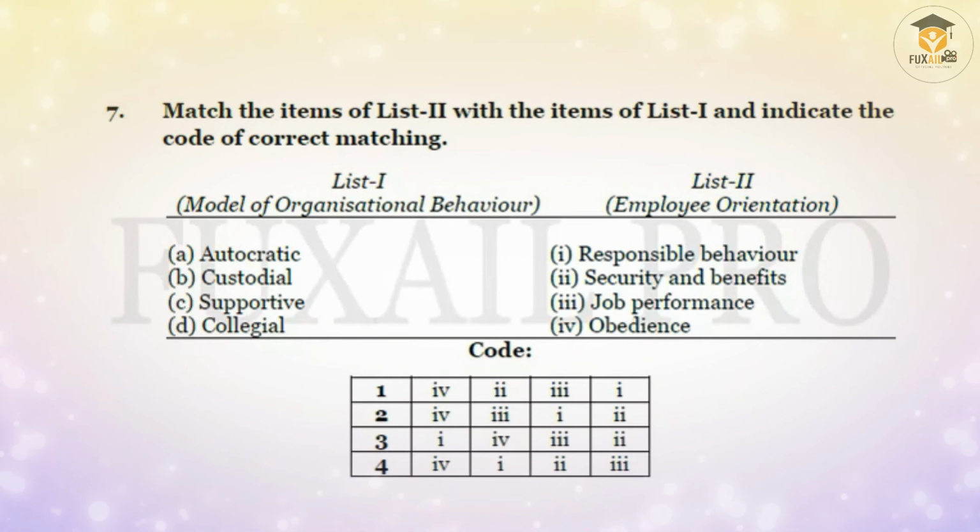7. Match the items of List 2 with the items of List 1 and indicate the code of correct matching. List 1, model of organizational behavior: A. Autocratic, B. Custodial, C. Supportive, D. Collegial. List 2, employee orientation: 1. Responsible behavior, 2. Security and benefits, 3. Job performance, 4. Obedience.